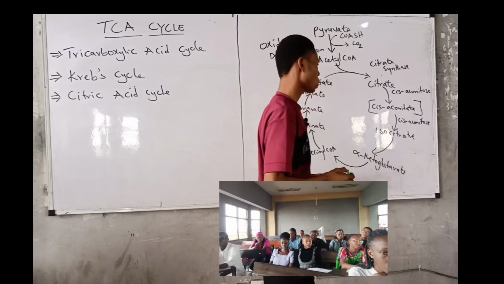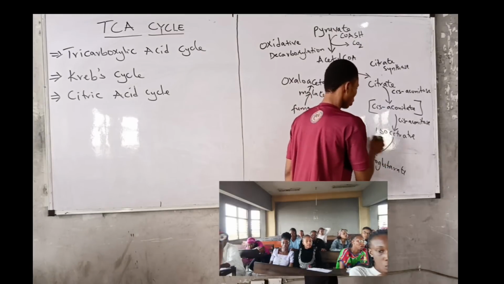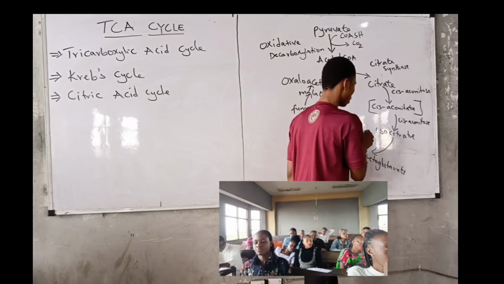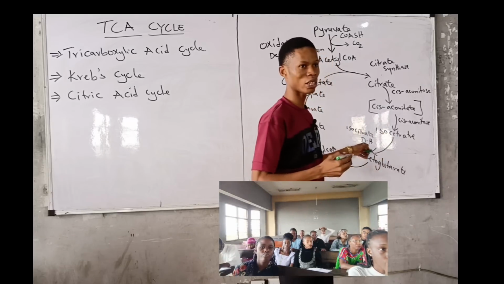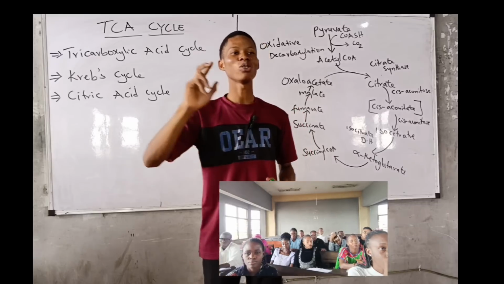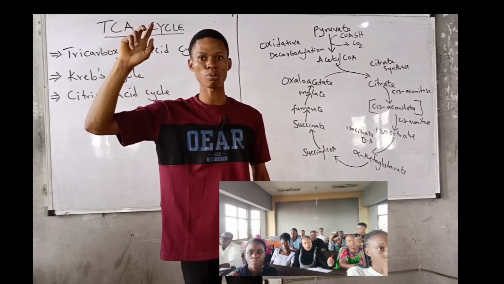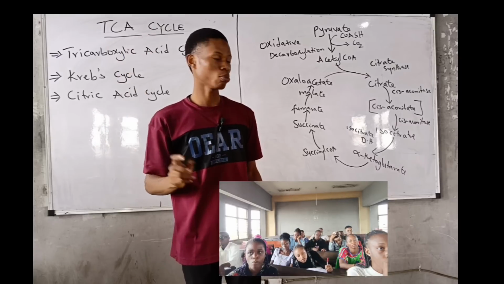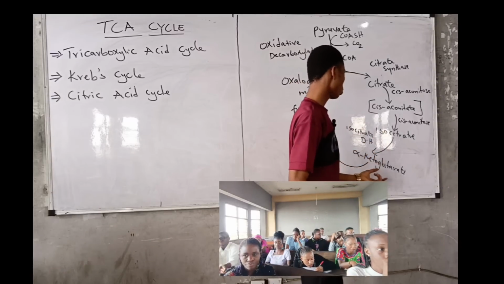Now from isocitrate to alpha-ketoglutarate, what will be the name of the enzyme? Isocitrate dehydrogenase. Please, anywhere I write DH, it means dehydrogenase. Now, anytime you hear dehydrogenase, I've said something before about that. An oxidation-reduction reaction is taking place, right? Now, isocitrate to alpha-ketoglutarate.